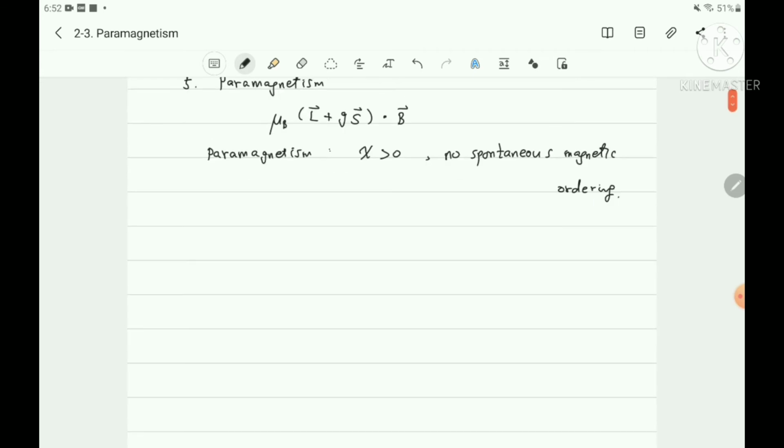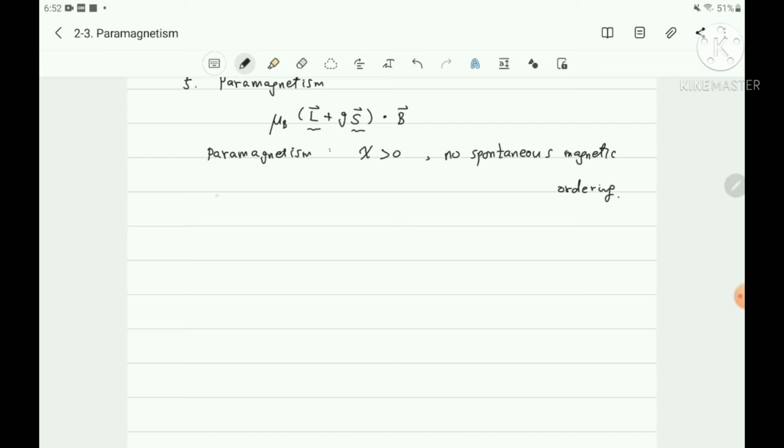As you know, this paramagnetic term has the orbital angular momentum and spin angular momentum. Therefore, in order to have a paramagnetic signal, there should be partially filled orbitals. And if there are unpaired electrons, the atoms have non-zero magnetic moments.